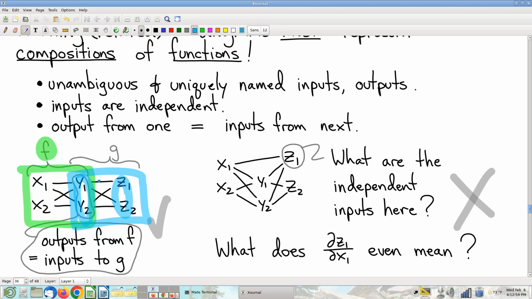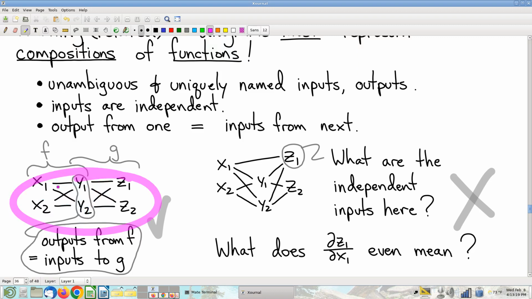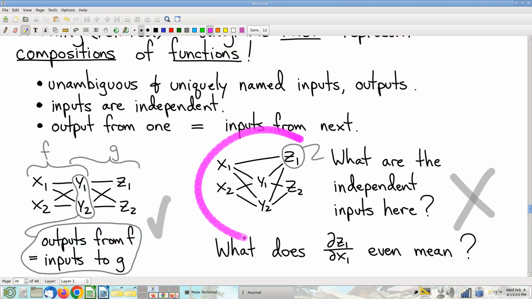And then, notice further, what comes out of f is exactly the same set of variables as what goes in to g. So that's what a composition is. So this is all fine. There's nothing wrong with this diagram. I can totally work this diagram. It actually represents a composition of functions. Cool. What's going on here?